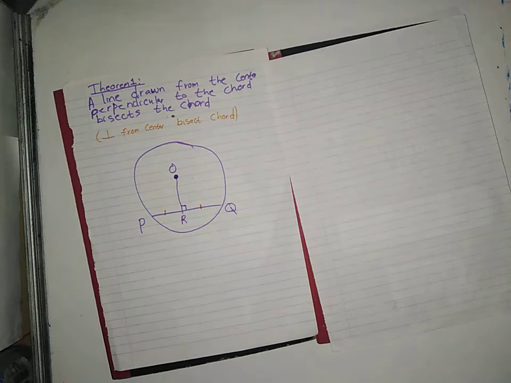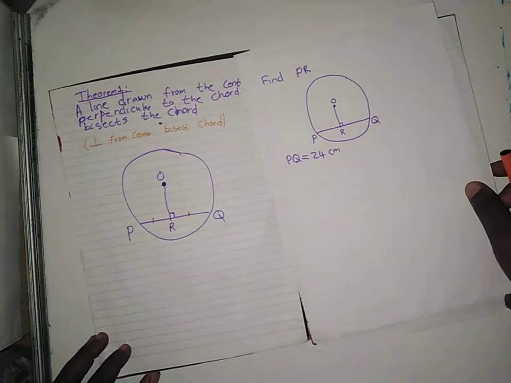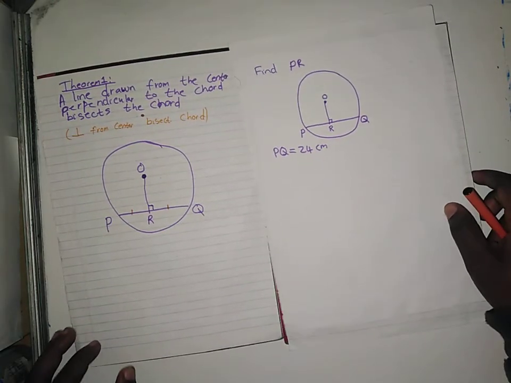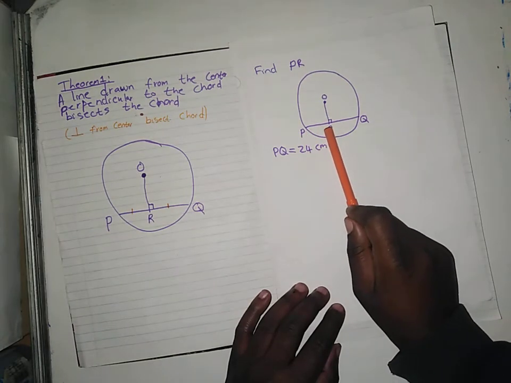Remember, a theorem is a theorem because at some point in time it has to be used. Now let's pick one of the cases where this theorem could be used. All right, let's look at this problem. They are saying find PR. Can you see what is PR? PR is this from here to here.